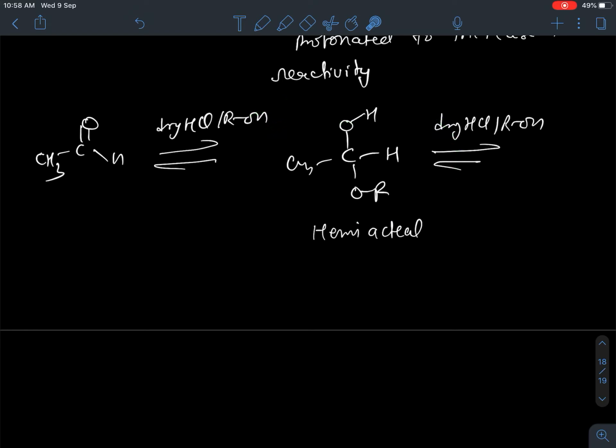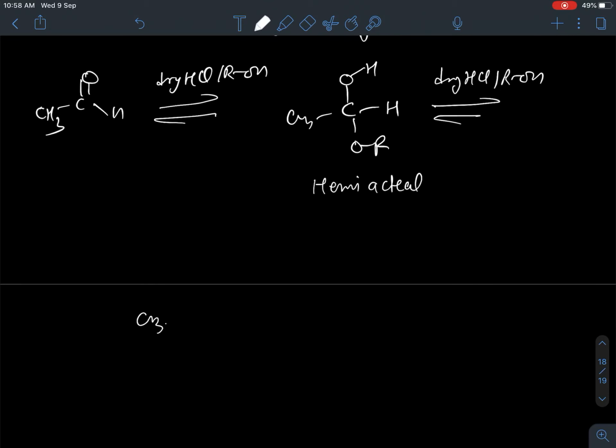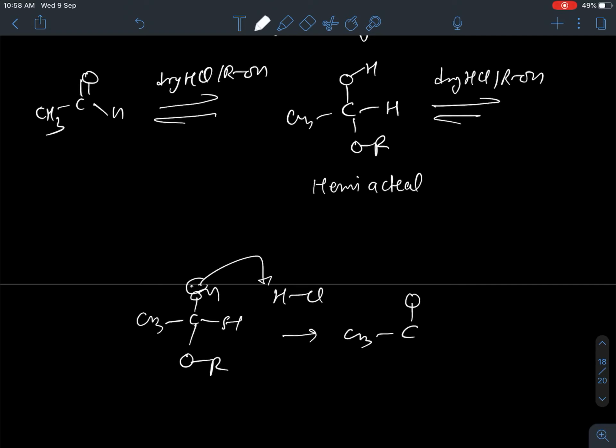But if I show you the mechanism from here, with CH3, OH and OR, now because HCl can protonate this, we will get OH2 positive and Cl minus, and look at this, OR is there, so it can give a push back.